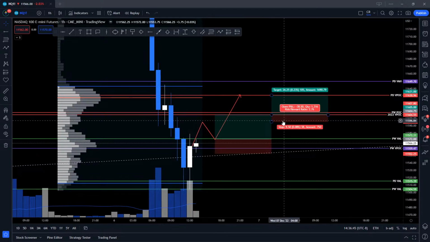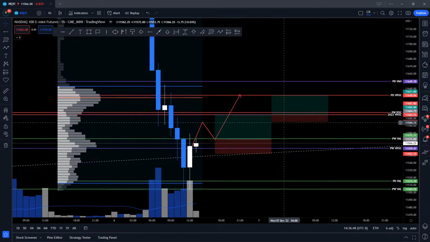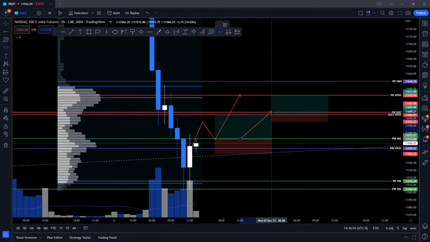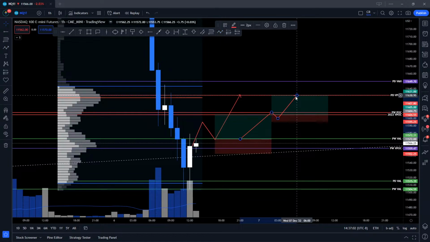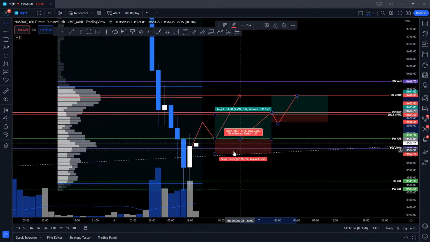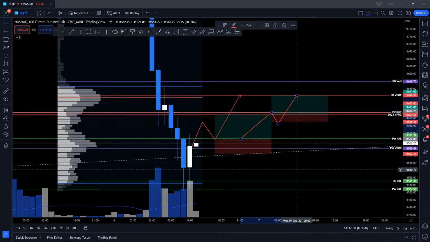Basically, I wouldn't give it too much room to the downside, but yeah, if we get a move like this, you're good. But if we come below, I would stop out and just lock in your profits on your runners as well.